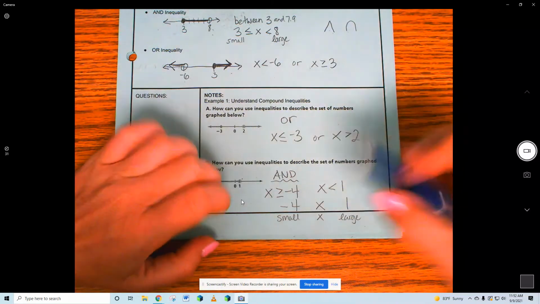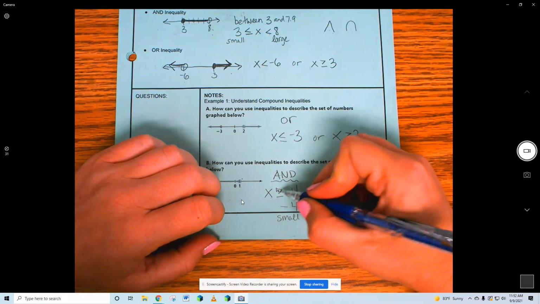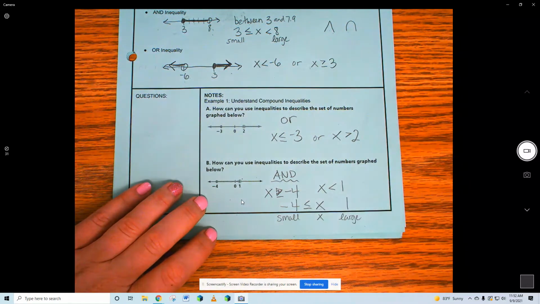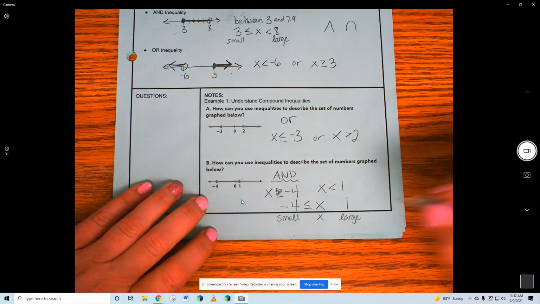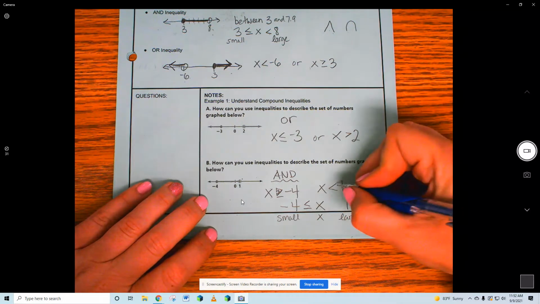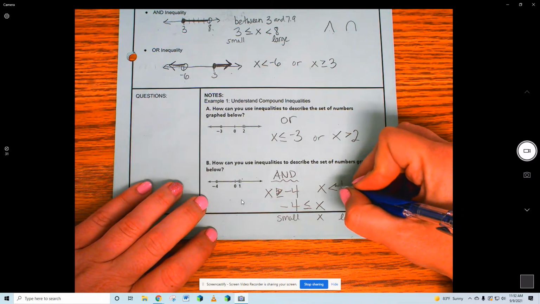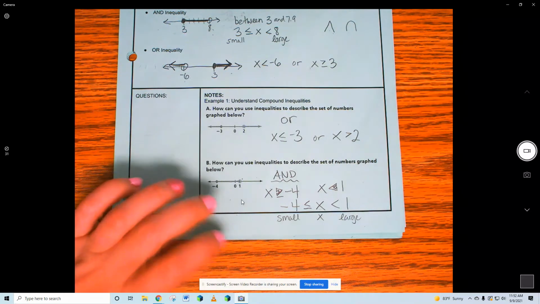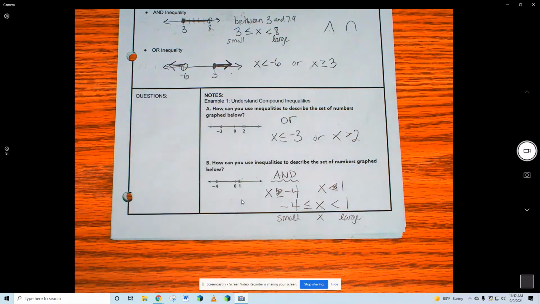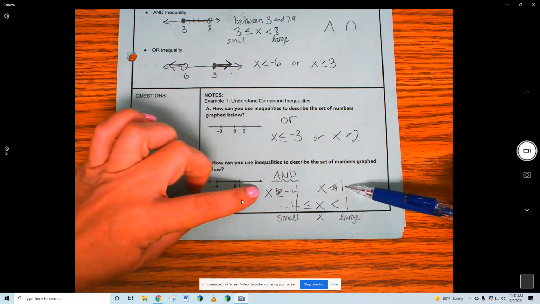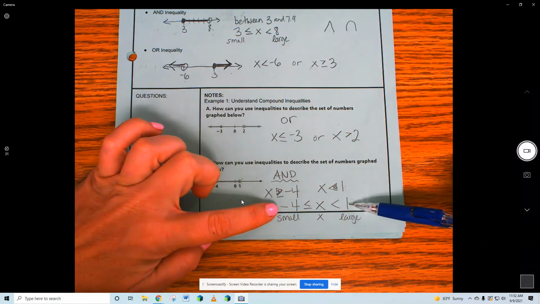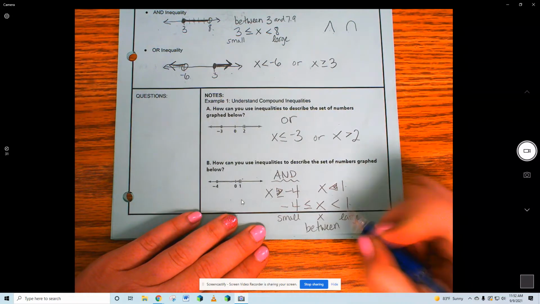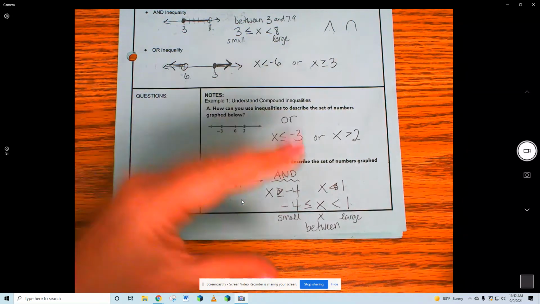The alligator's eating the X. Keep the alligator eating the X. On this one, just for you, Edgar, the alligator's eating the 1. So I just put 2 separate inequalities and I combined them. Remember, this means between. It's always the less than, less than. That's the format. Less than, less than.